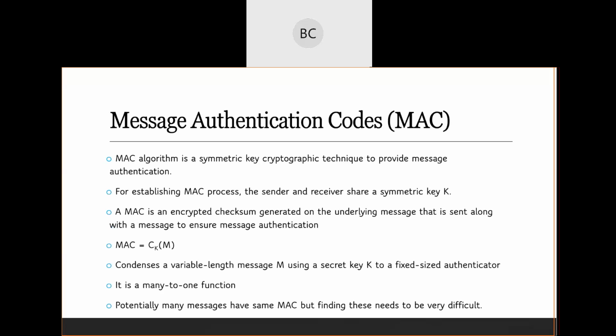It is similar to a digital signature, but remember, this is not a digital signature. It's a kind of signature, but instead it is just a checksum. It is a many-to-one function, so many messages might have the same MAC, but finding these messages will be very difficult.